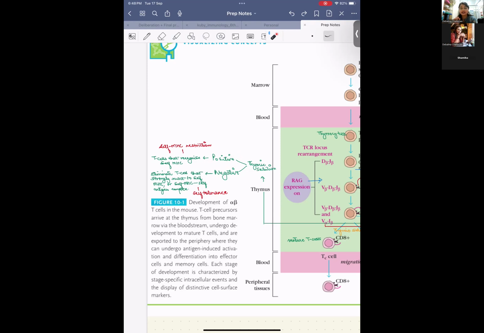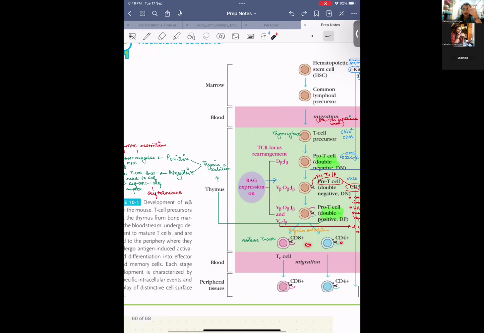So the only T cells that are going to get a chance to enter into the circulation are the T cells that recognize not antigens bound by any MHC molecule, only the antigens that are bound by the self-MHC molecules. If this complex is recognized by a T cell, this T cell is going to get positively selected and get a chance to further become a single positive CD8 or CD4 plus cell.